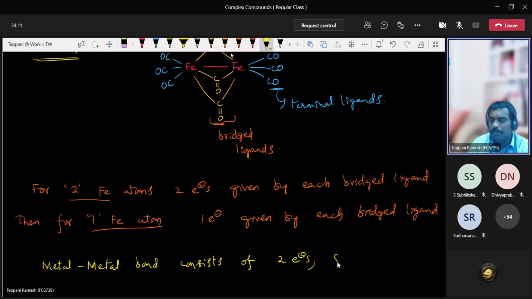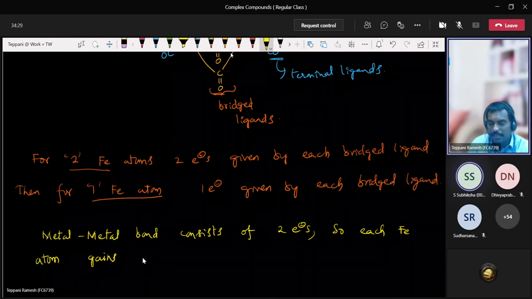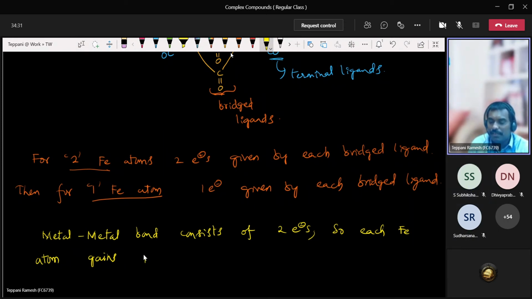So each iron atom gains how many electrons? Each iron atom gaining how many electrons? 2 electrons for 2 metals. Each iron atom gains 1 electron from the metal bond, or we can say the iron bond.